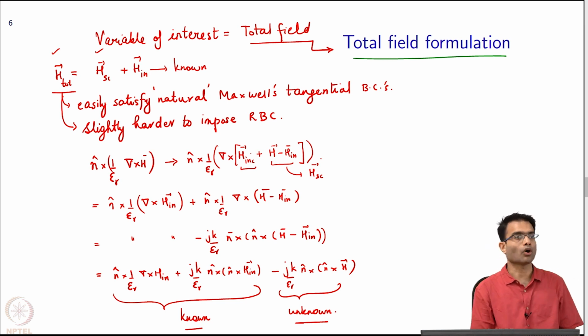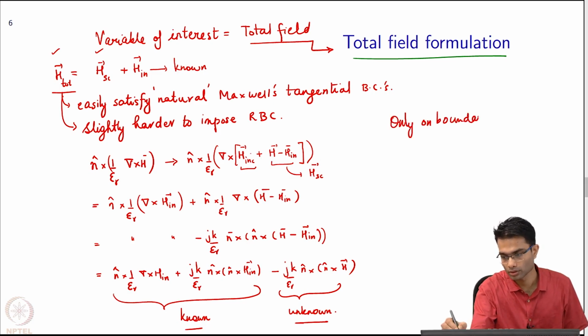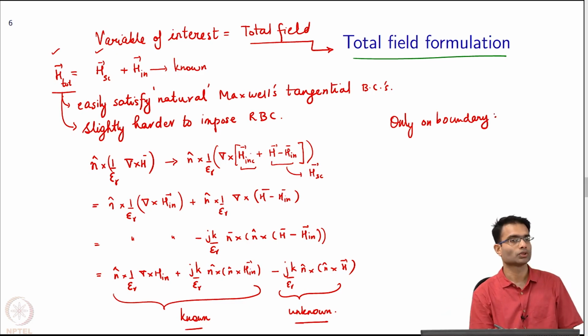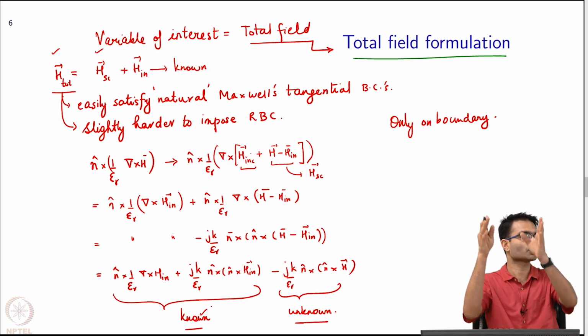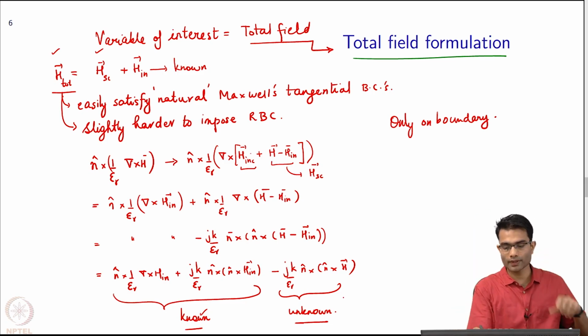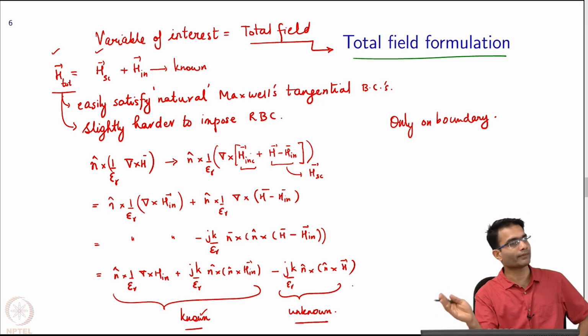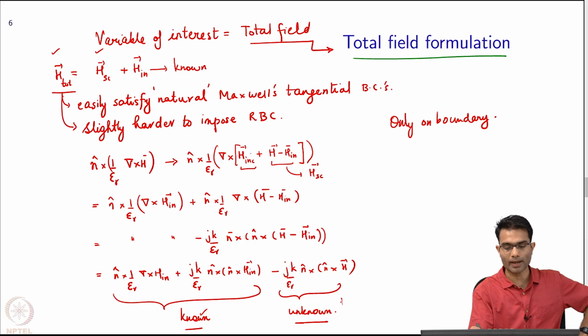Remember, this term is going to come into play only on the boundary. This known term over here is what is going to give me a non-zero right hand side. This H over here, which is the unknown term, when I get Ax equal to b, I will move back to the left hand side and keep this on the right hand side.